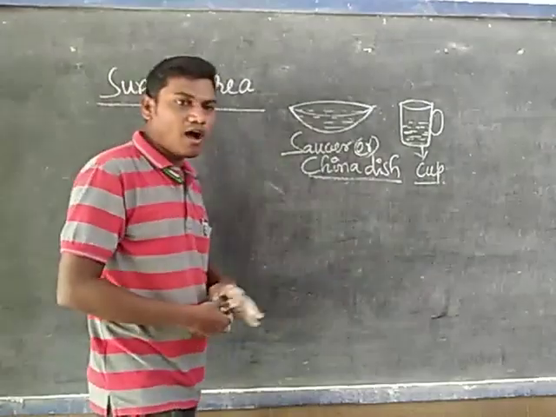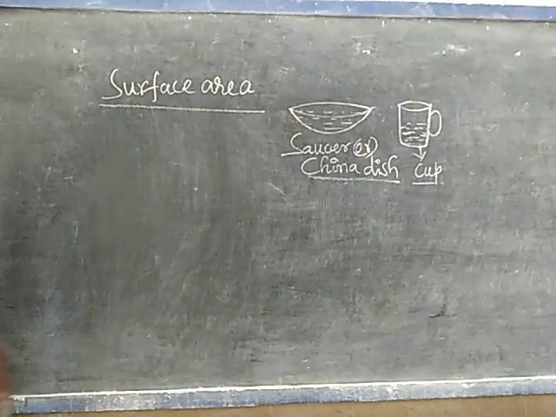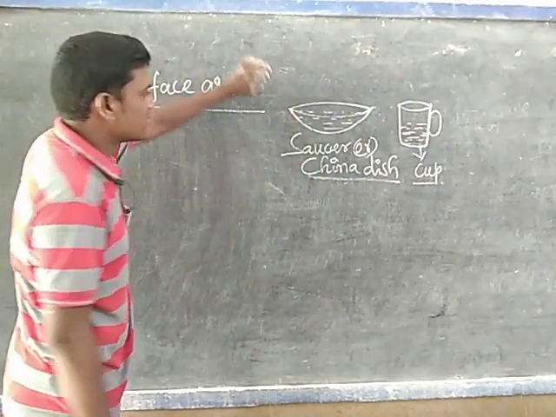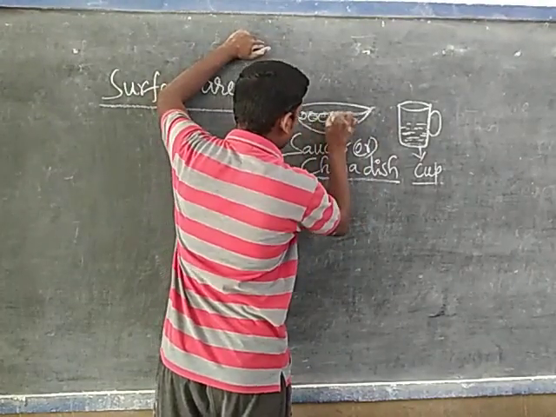But how does evaporation depend on the surface area? Here I will explain with an example. In this, it is the saucer.